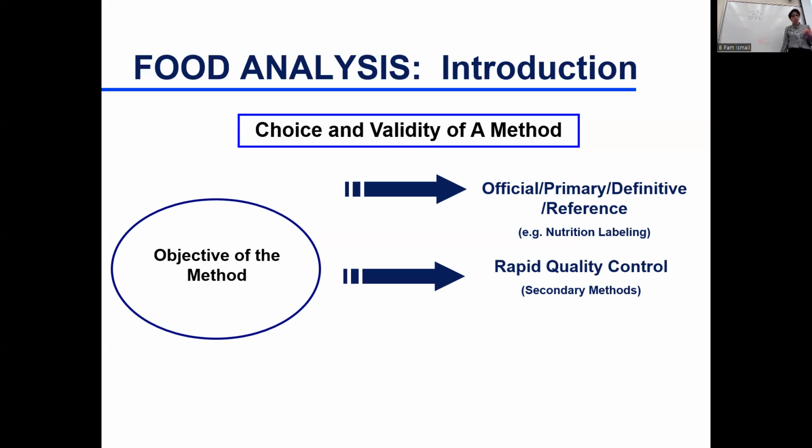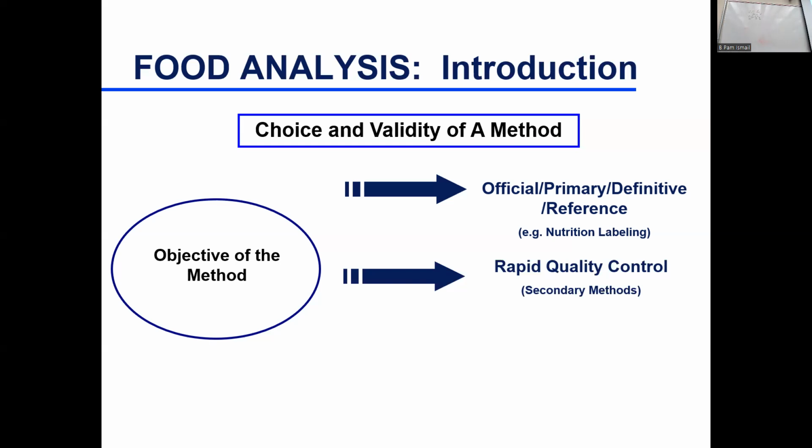Sometimes it's just a rapid quality control. So I produced my, let's say, cheese, and I just want to confirm moisture content and fat content. I can do NIR or mid-IR on my cheese right away and get samples. We call these secondary methods. So we have primary methods, we have secondary methods.